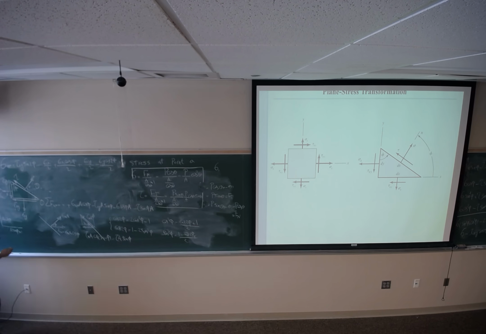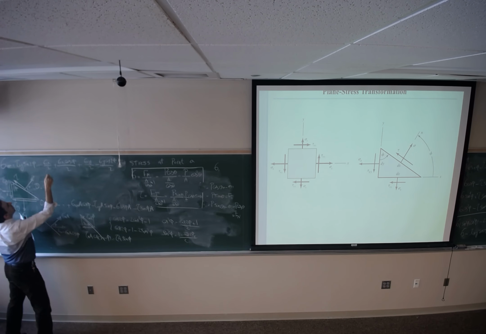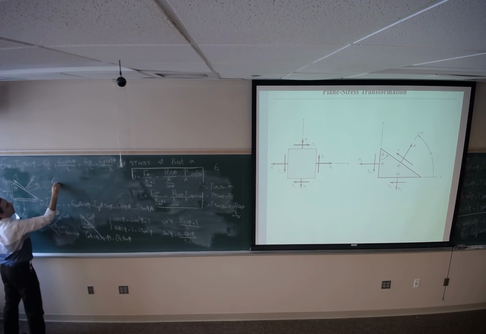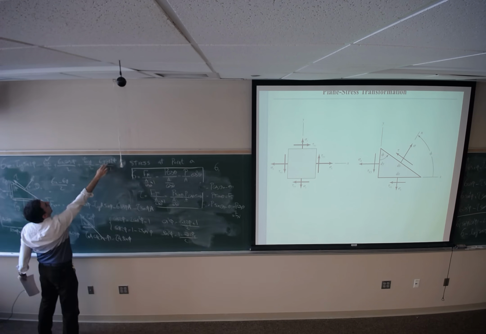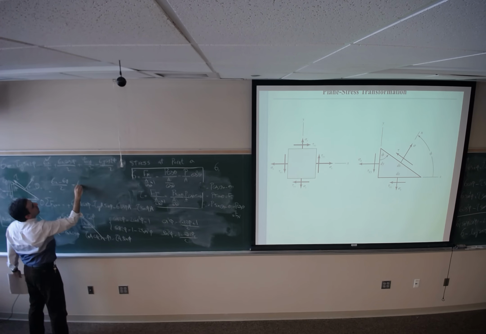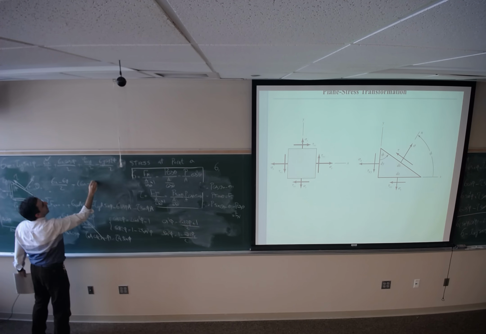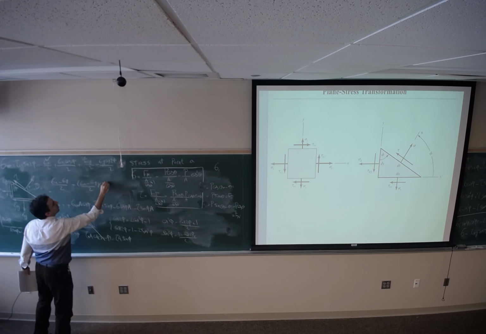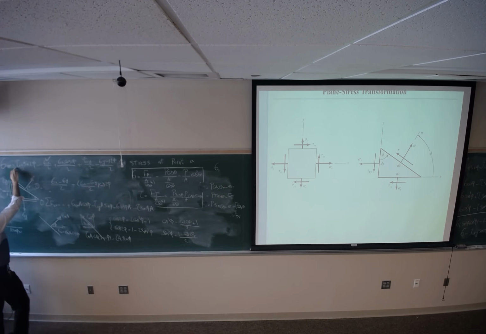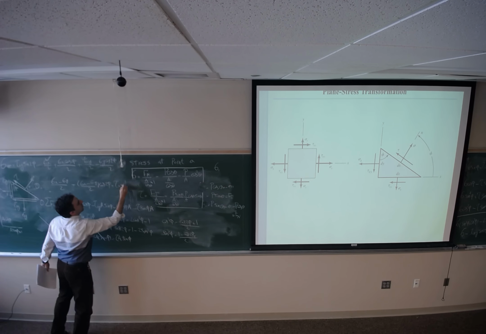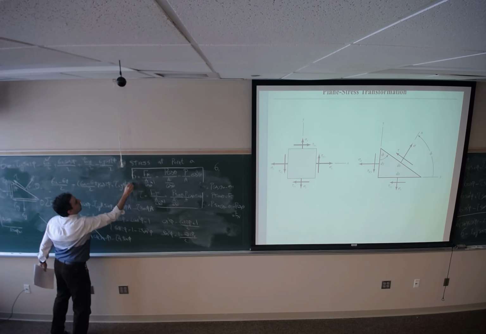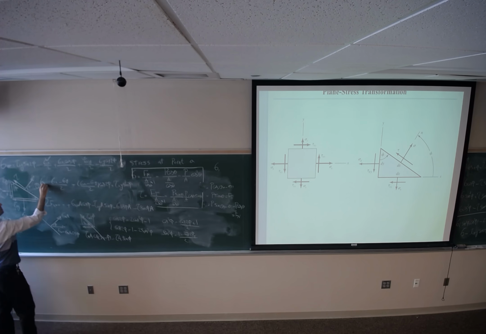And now these two can be written as sigma x minus sigma y dividing by 2. Plus, these two have cosine of 2 phi, it's going to be sigma x minus sigma y dividing by 2 cosine of 2 phi. And last term is tau xy sine of 2 phi. And this is going to be sigma.